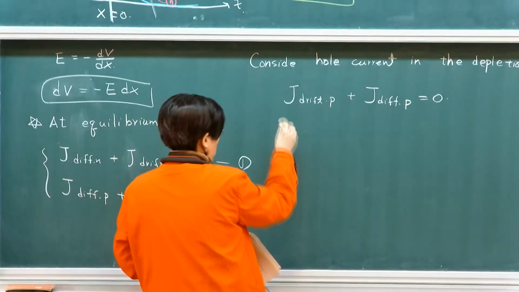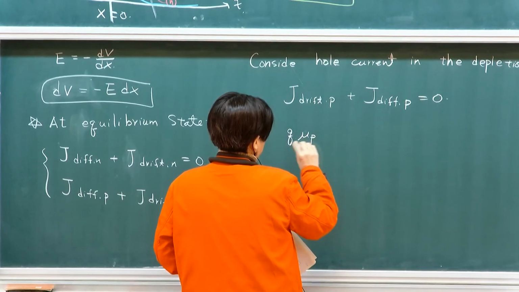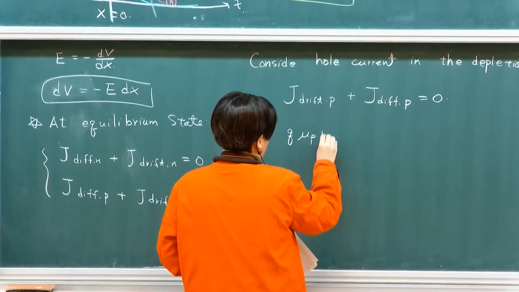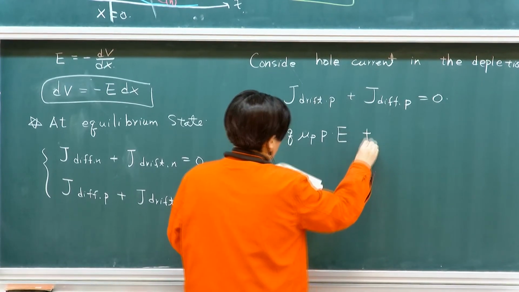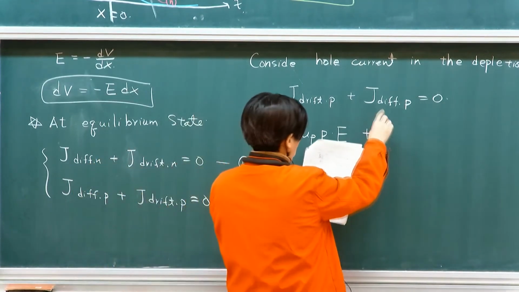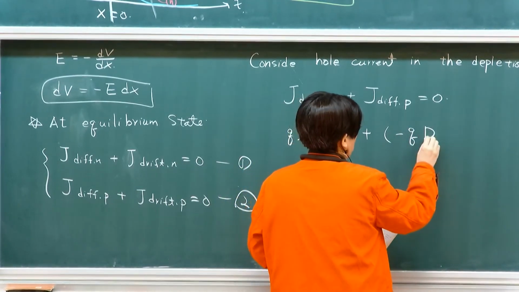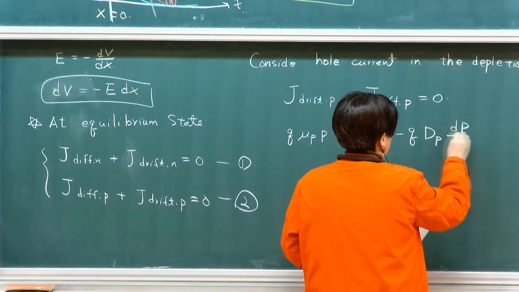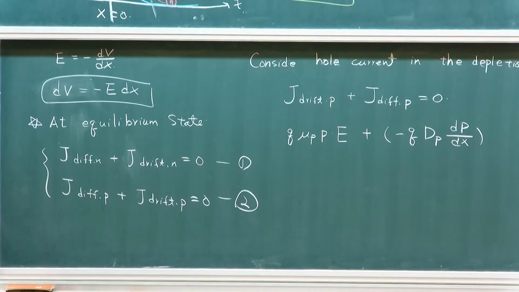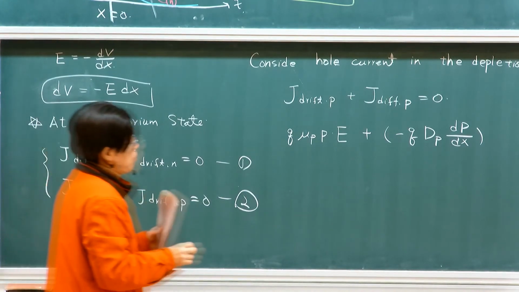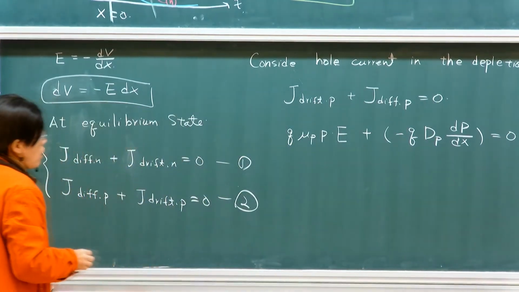What is in the front? The drift, you go back to the drift current equation, is mu p times electric field, plus, there's a minus sign in the diffusion current. Remember, because the diffusion direction is inverse of the gradient. So this equals 0.